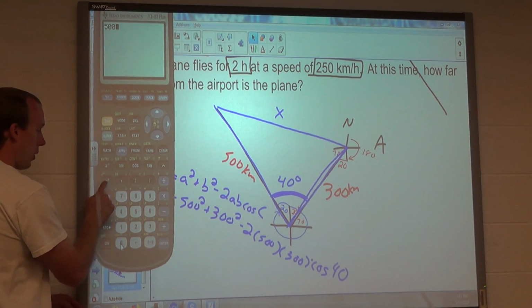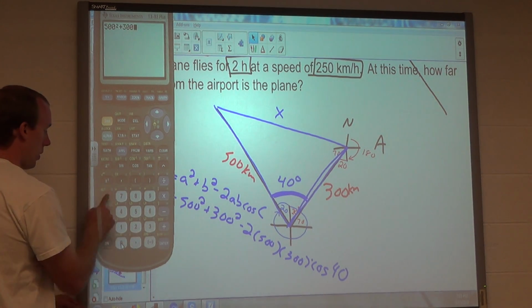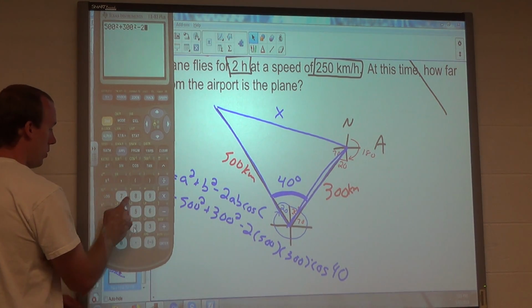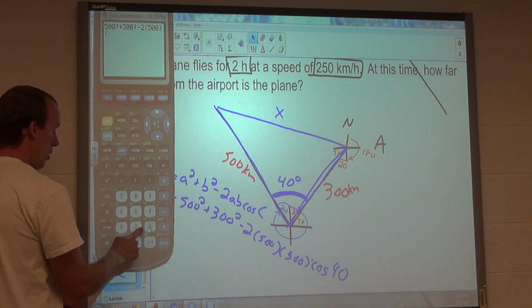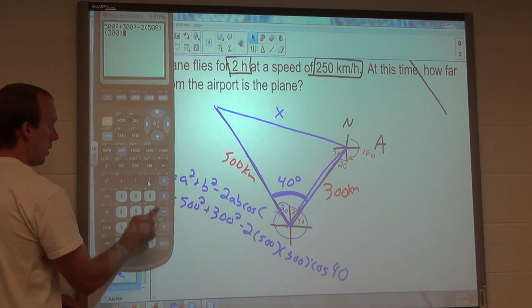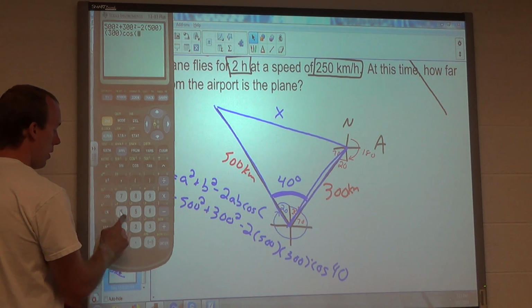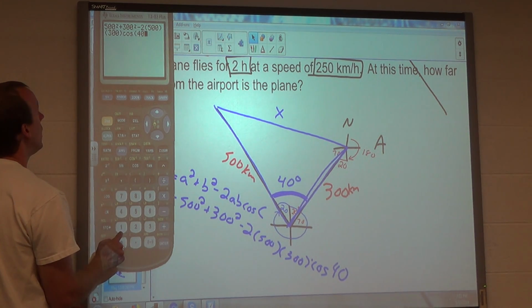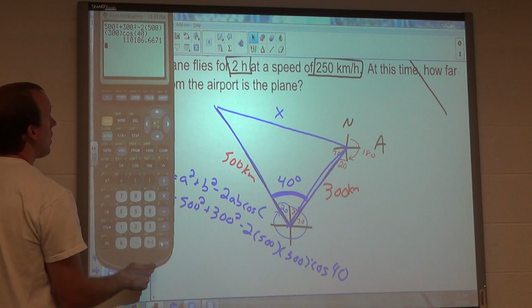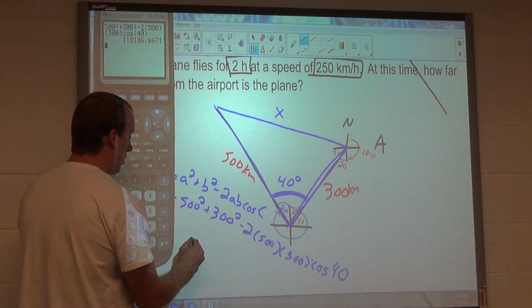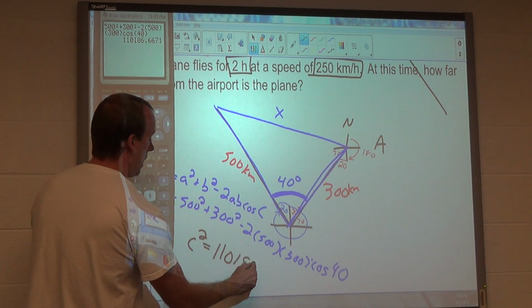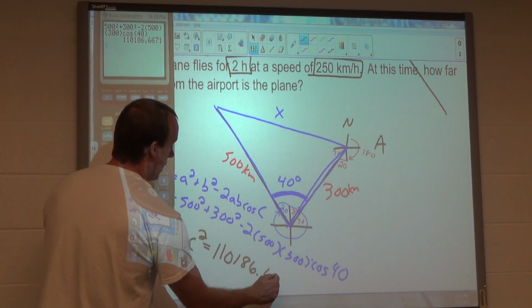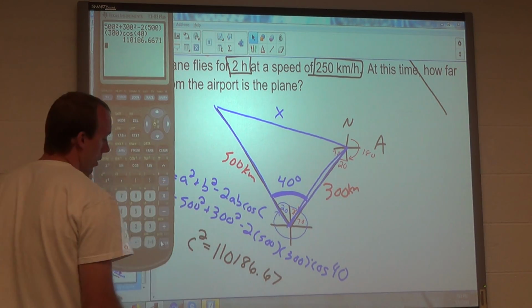So 500 squared plus 300 squared minus 2 times 500 times 300 cosine of 40. Okay, and we get a monster number. So c squared equals 110186.67. Well, that's not my answer.